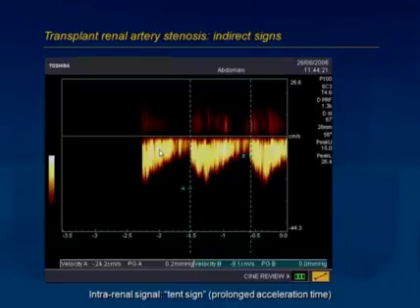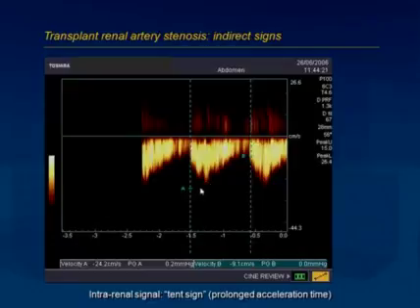Due to a severe and hemodynamically relevant stenosis, there will be delayed increase of the systolic velocity as seen here. Whereas a normal flow signal will lead to a sharp increase of the systolic velocity, in transplant renal artery stenosis there is a delay in the increase in velocity, and that is called a tent sign. I think you can see that this signal broadly resembles a tent.